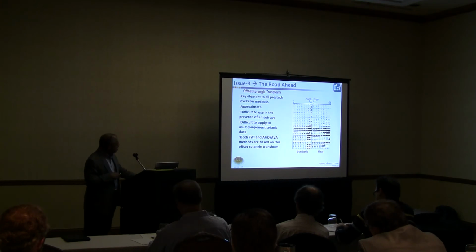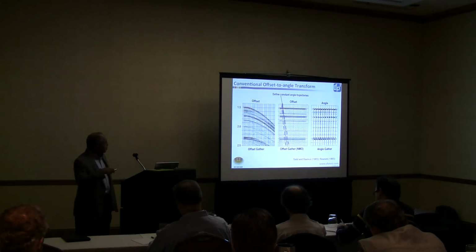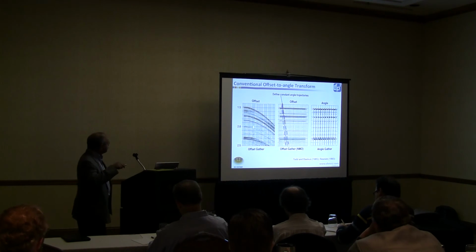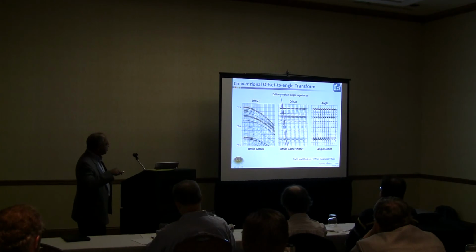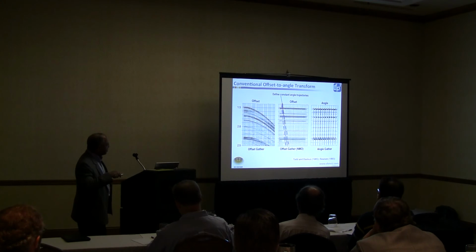What we essentially do in this approximate transform is we start with offset domain data, which is NMO uncorrected. We first correct it for NMO. We find angle mutes, so we get constant angle zones and also a Fresnel zone, and then we partially stack all the offset traces in that zone and convert to one angle.